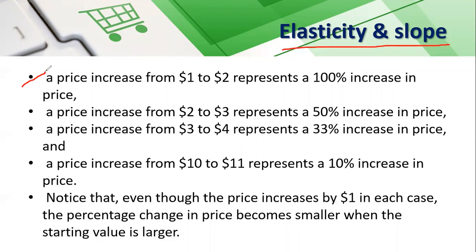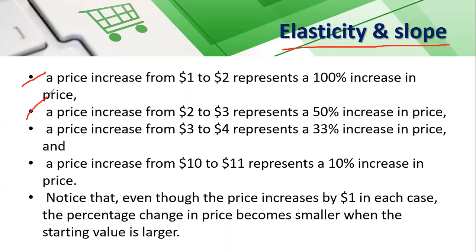Next, a price increase from $2 to $3 represents a 50% increase in price. The increase is the same, only $1 in the first and $1 in the second, but why is it only a 50% increase in price? Because the original price is $2.